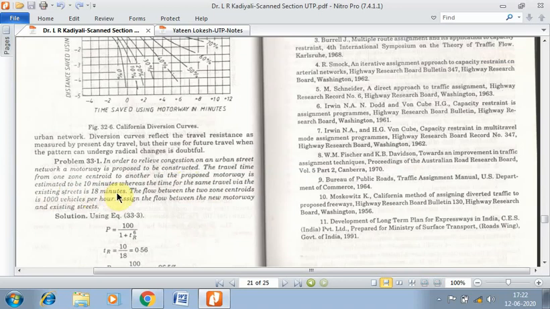So there's an old street and there's an expressway or motorway being constructed to travel from origin to destination. Through the new facility it takes 10 minutes, and through the old facility it takes 18 minutes. The flow between the two zone centroids is around 1000 vehicles per hour. We need to assign the flow between the new motorway and the existing street.